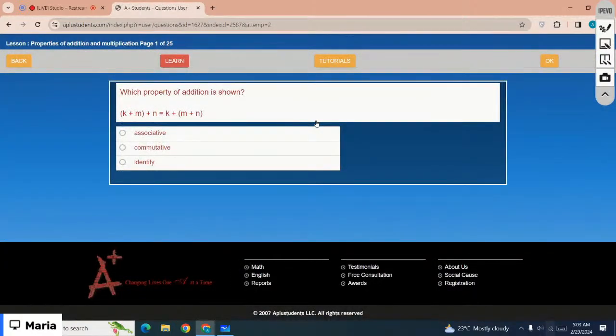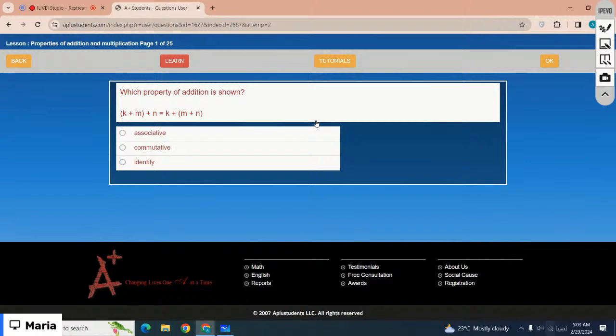Which property of addition is shown? K plus m plus n equals k plus m plus n, with different grouping. So here on both sides you have exactly the same variables.